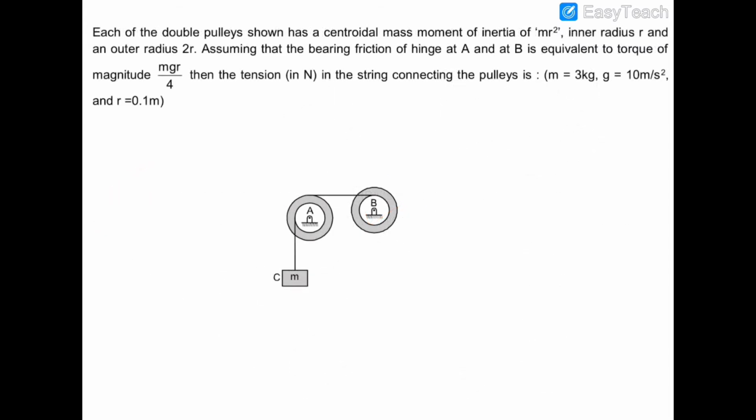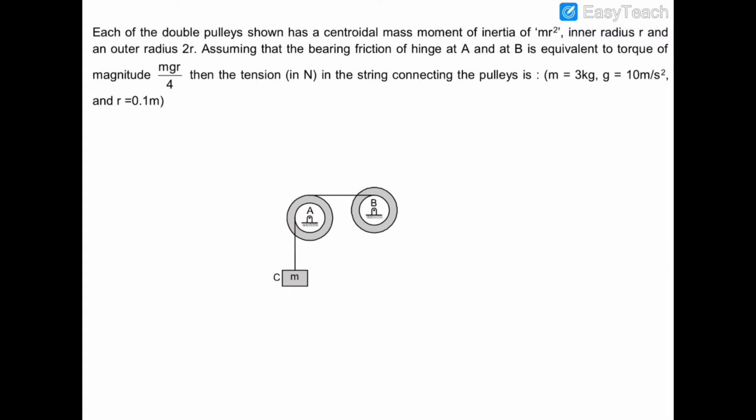In this question, you can see that there are two pulleys, this and this. The pulleys have the moment of inertia of mr square and their inner radius is r and outer radius is 2r.